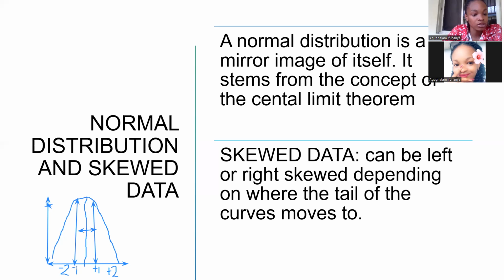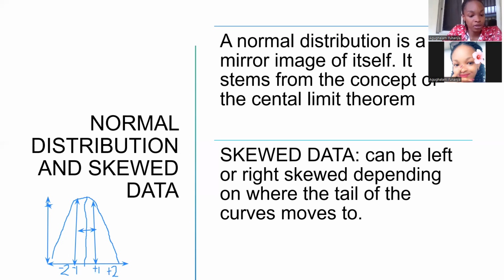So if the z-score you calculate falls within this place, you say that it is 1 standard deviation below the mean if it is minus, and 1 standard deviation above the mean if it is plus.